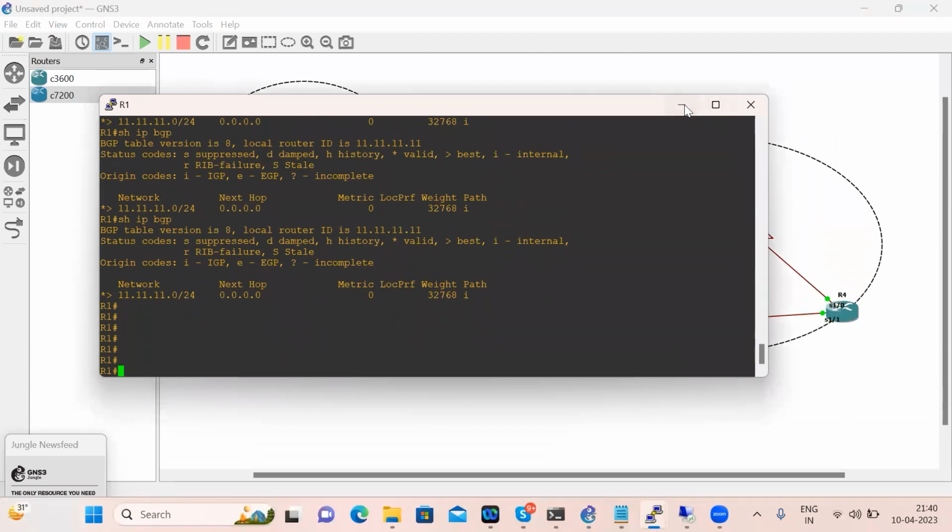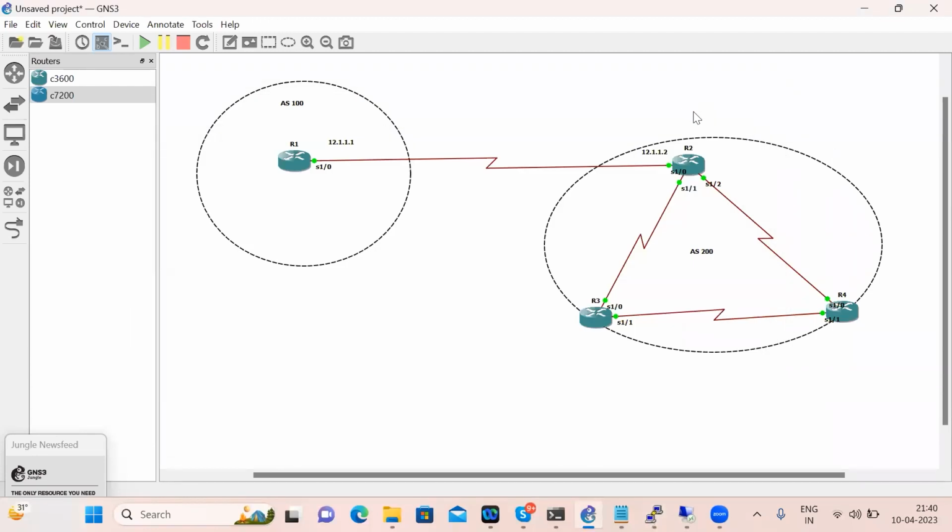Now see here what exactly is happening. The BGP rule of synchronization states that I won't advertise my iBGP routes to any eBGP neighbor. A simple rule: whatever I learn through iBGP, I won't advertise to any eBGP neighbor.